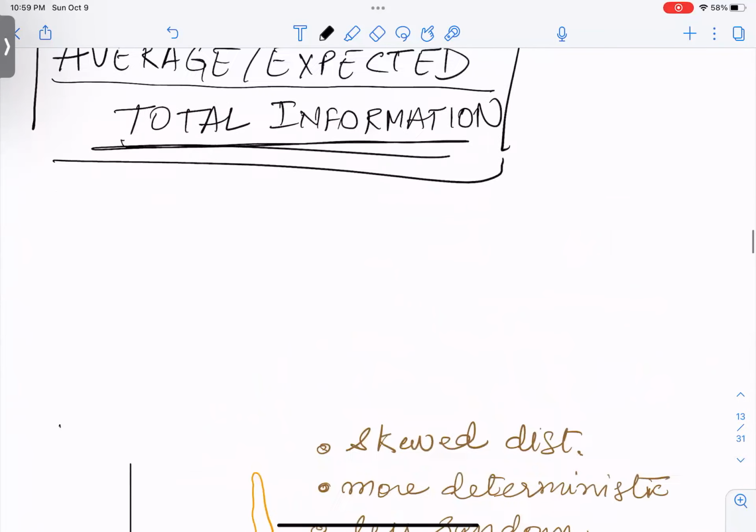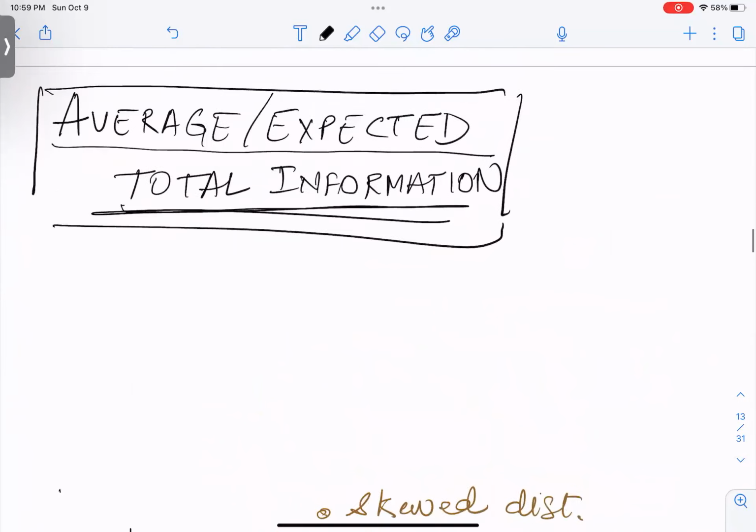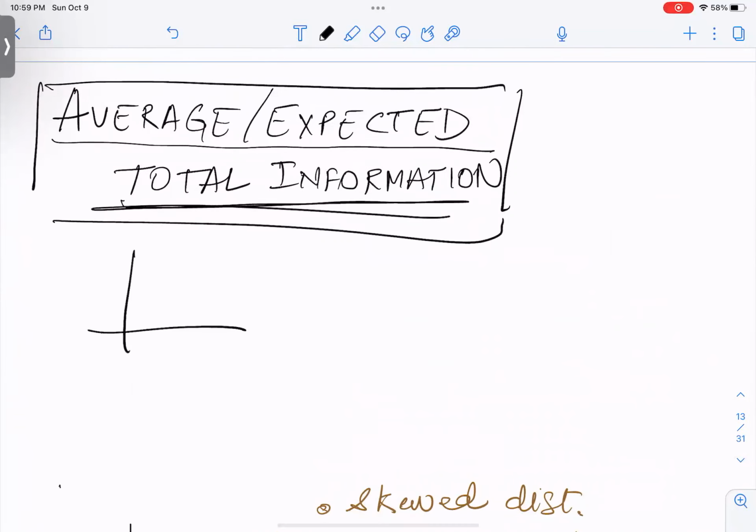So we saw that in a case where every color was blue, it was more deterministic, right? We were never surprised if it was blue. We had very little information. We actually need 0 information for that, 0 questions for that.